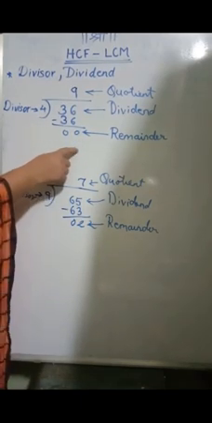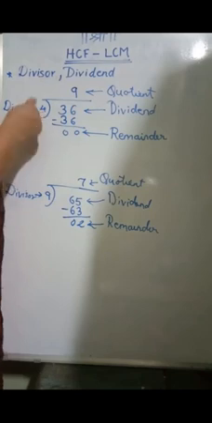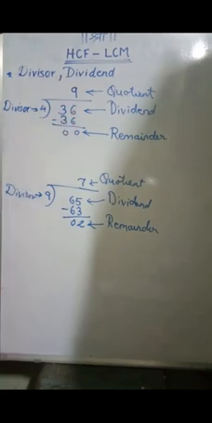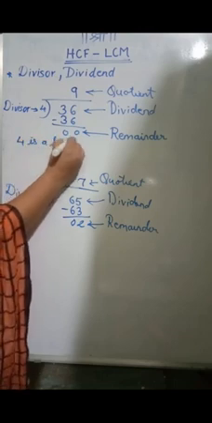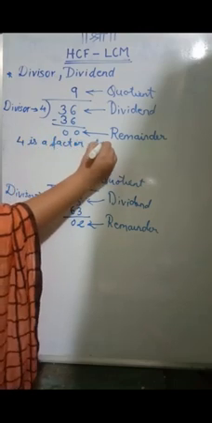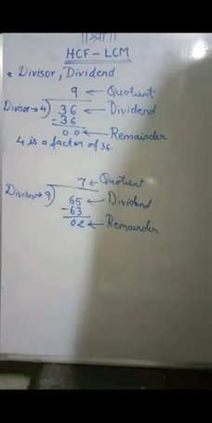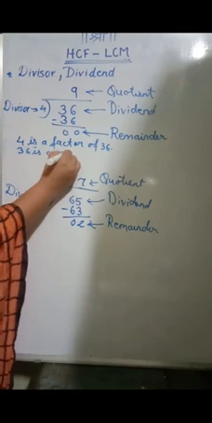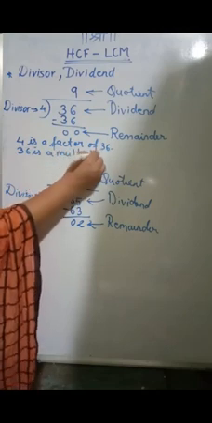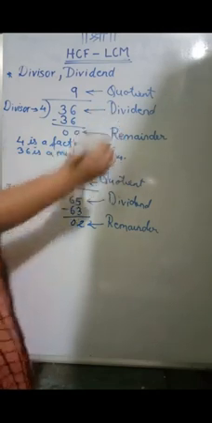And so 4 is a factor of 36, and 36 is a multiple of 4.